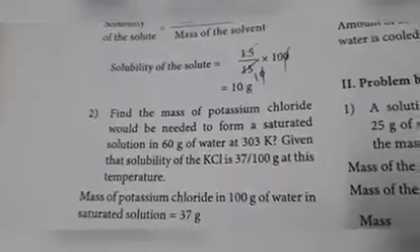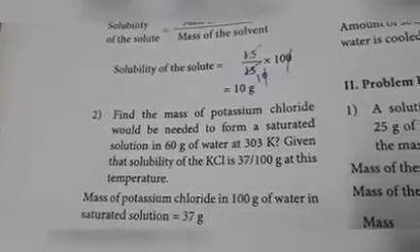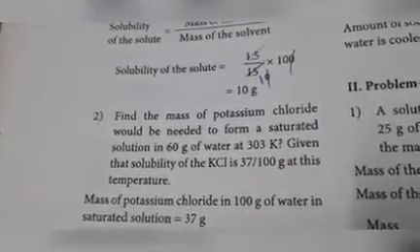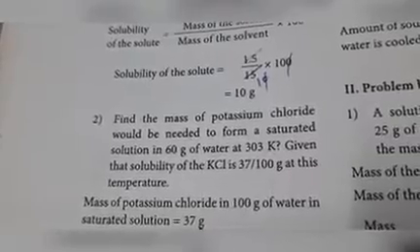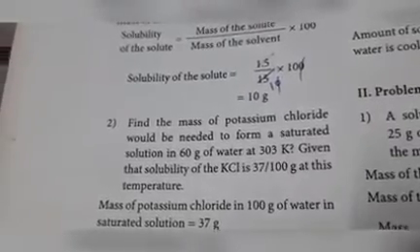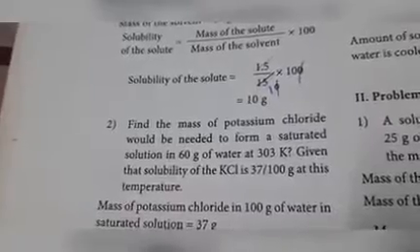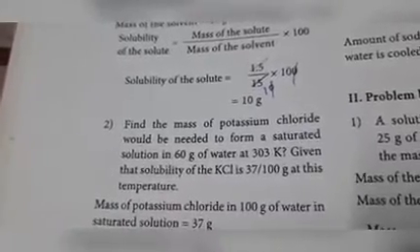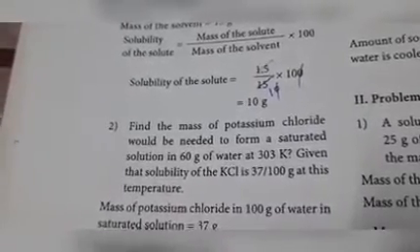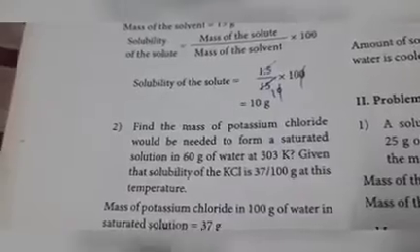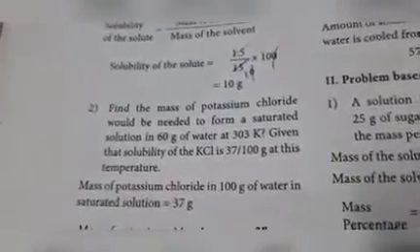Here 37 indicates the mass of the solute, that is the mass of the KCl, divided by 100. Here 100 indicates the mass of the solvent. So in 100 grams of solvent, 37 grams of potassium chloride is present. That is what is given in the first line.